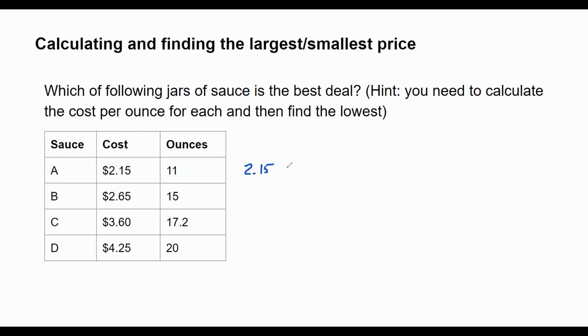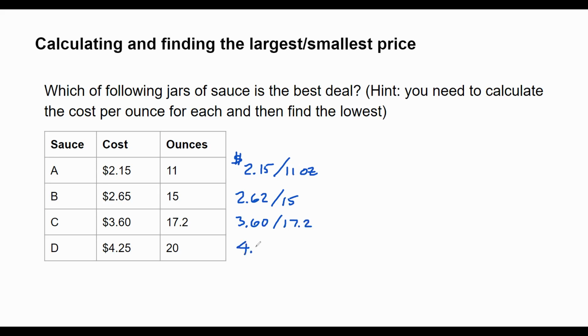We need to divide $2.15 by 11 ounces because that's how we calculate the dollars per ounce. And then we need to do it for all of these others, $2.65 divided by 15. So this is just setting up what we are going to have to do in order to answer this question.